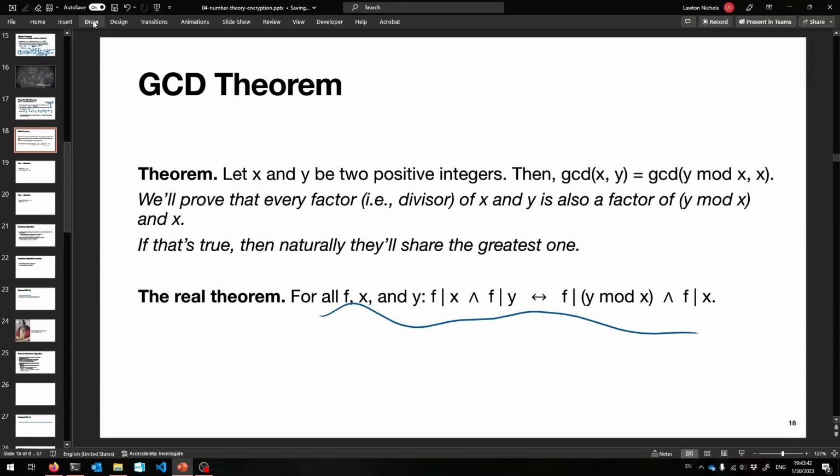Here's what we need to show, and that will lead to this theorem being true. We want to show that for every f, x, and y, if f divides x and f divides y, for a factor f, then this is true if and only if, biconditional, f divides y mod x and it divides x.